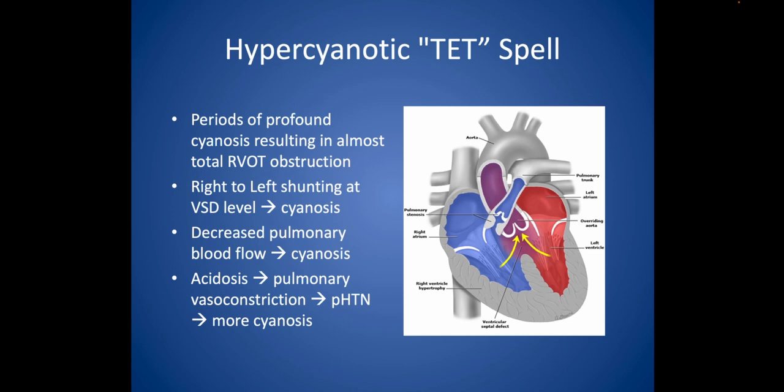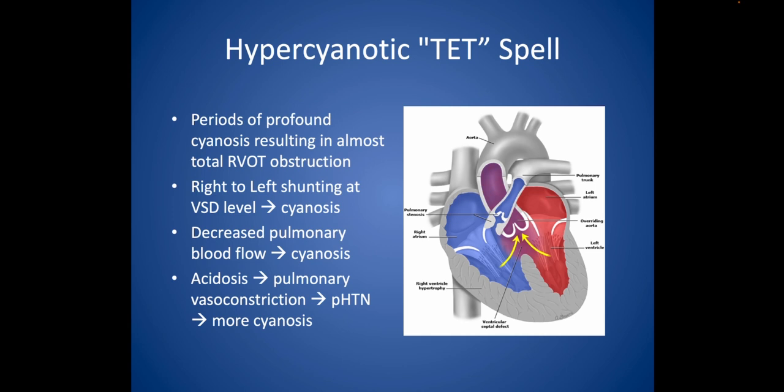So, what is a hypercyanotic spell, or what is a tet spell? A tet spell is really periods of profound cyanosis that result in almost total RVOT obstruction. The resulting physiology, because of that occlusion or high vascular resistance in the pulmonary bed, is right to left shunting at that VSD level.